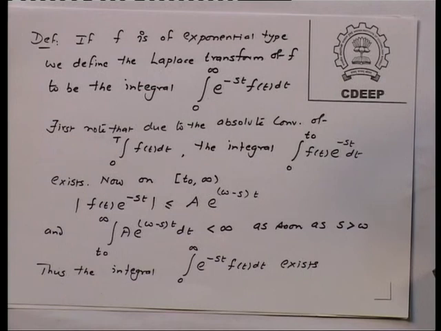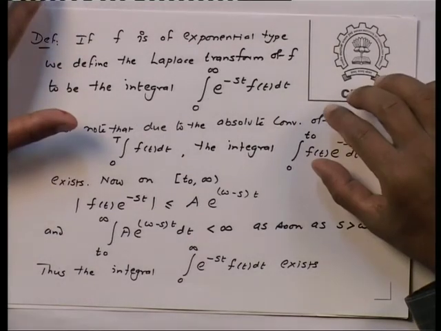Laplace transform of f equals integral 0 to infinity e to the power minus st f of t dt. That's all that you really need. Now remember that we are assuming that the function is absolutely integrable on 0 to t. And so it is easy to show that for functions of exponential type, the Laplace transform will always exist.